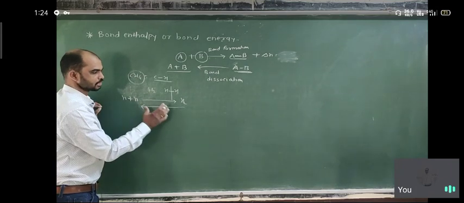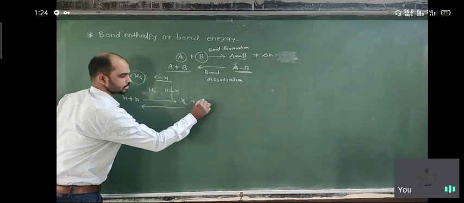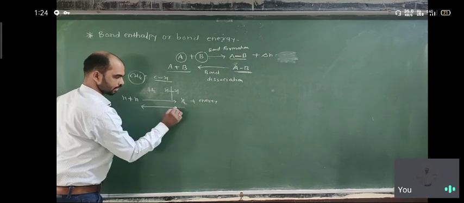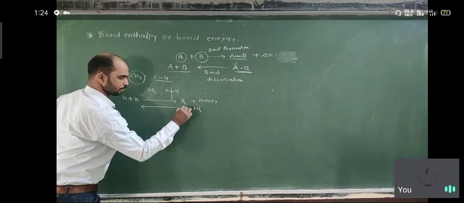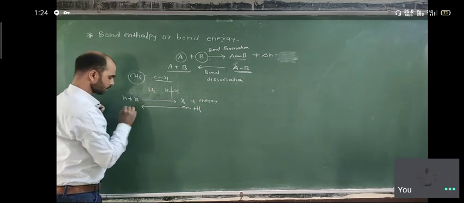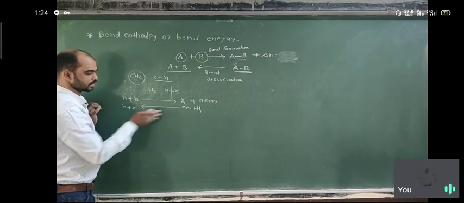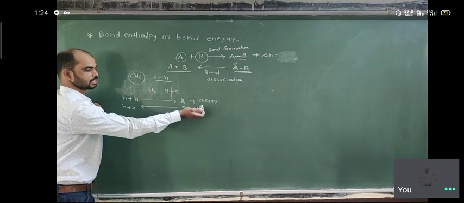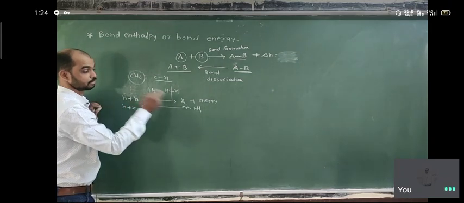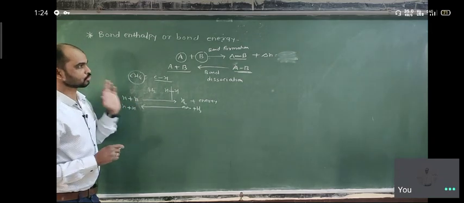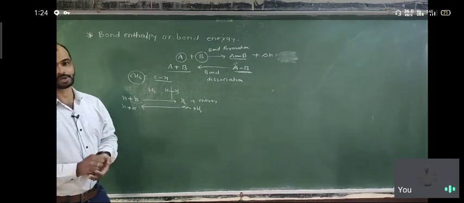That means the same energy is required. So this is a reversible condition, and the same energy is required as is released in bond formation. This is about bond enthalpy and bond energy.